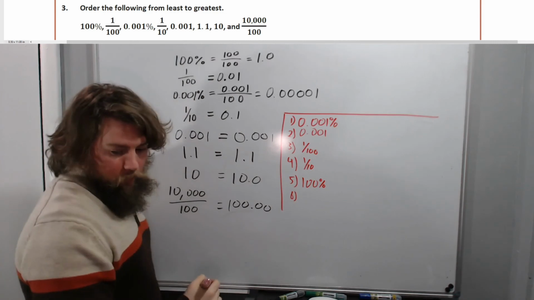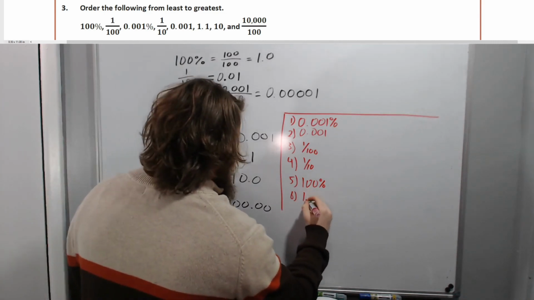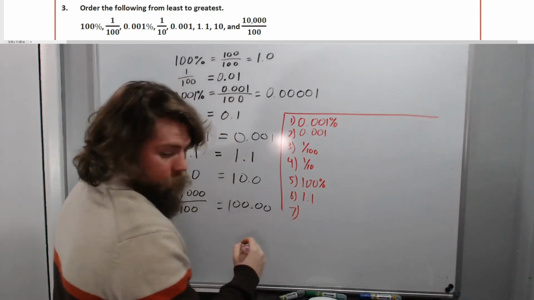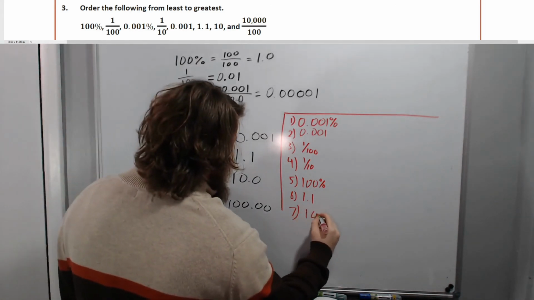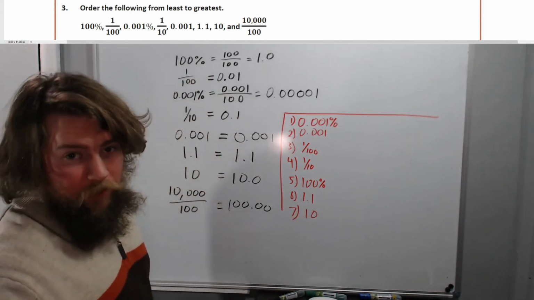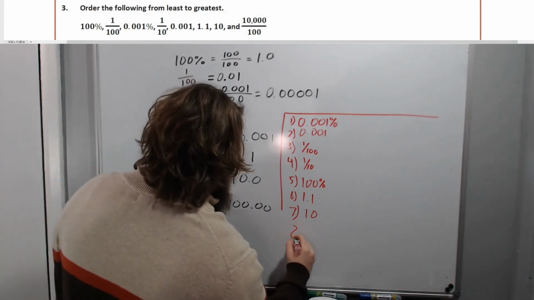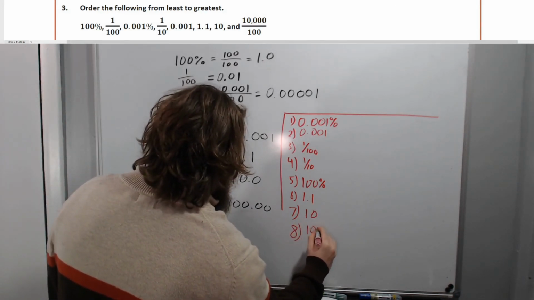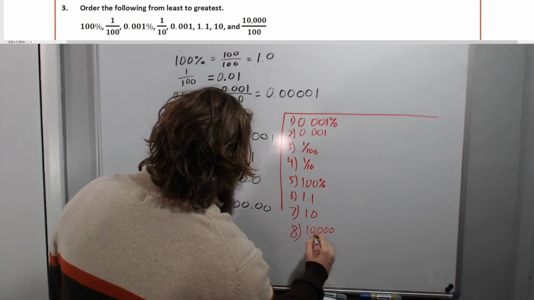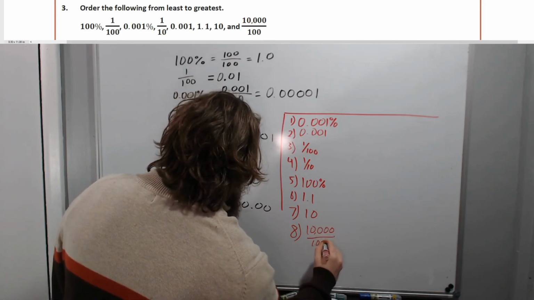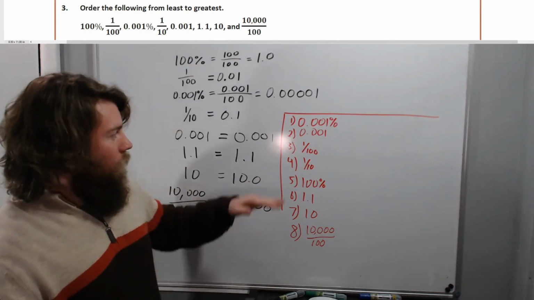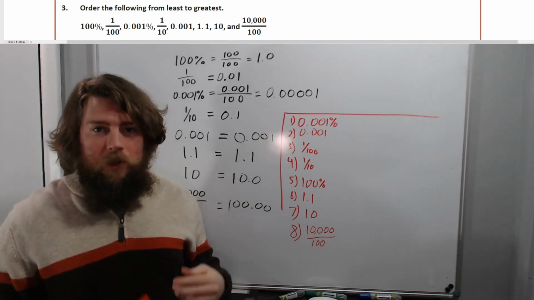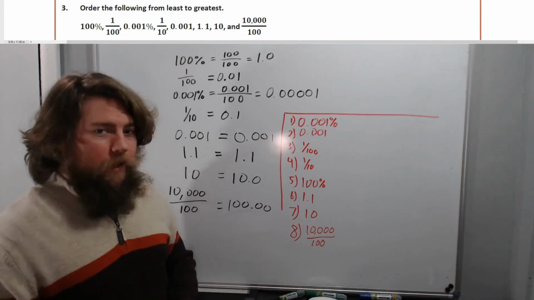Followed by 1.1, yep, 1.1. And then 10. And we're going to finish it off with 10,000 over 100, which was the same thing as 100. So here is your list of numbers in the proper order from least to greatest.